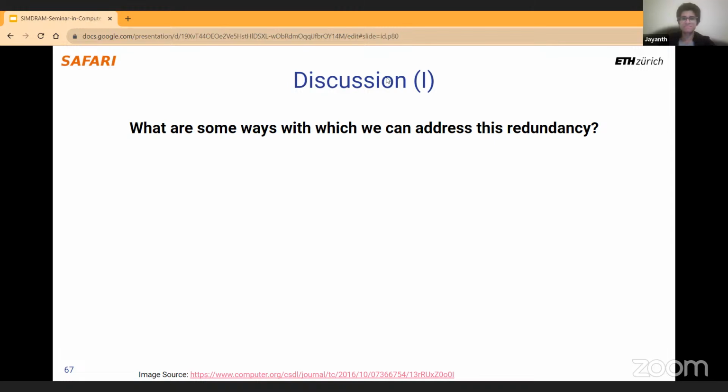Anyone? Or you can design DRAM banks with smaller row sizes. I think it's already been done in the HBM. So maybe for DDR, the row size is too large. If it is too redundant, then we can just reduce the row size.